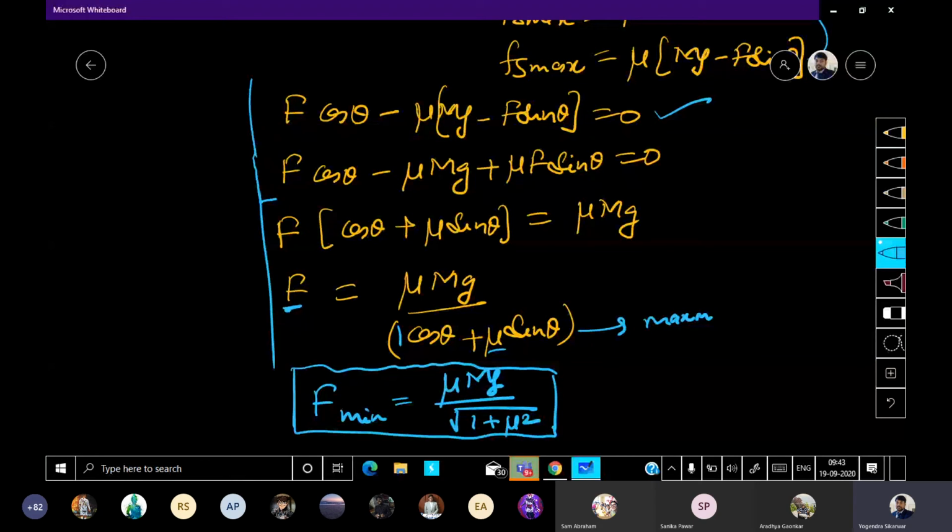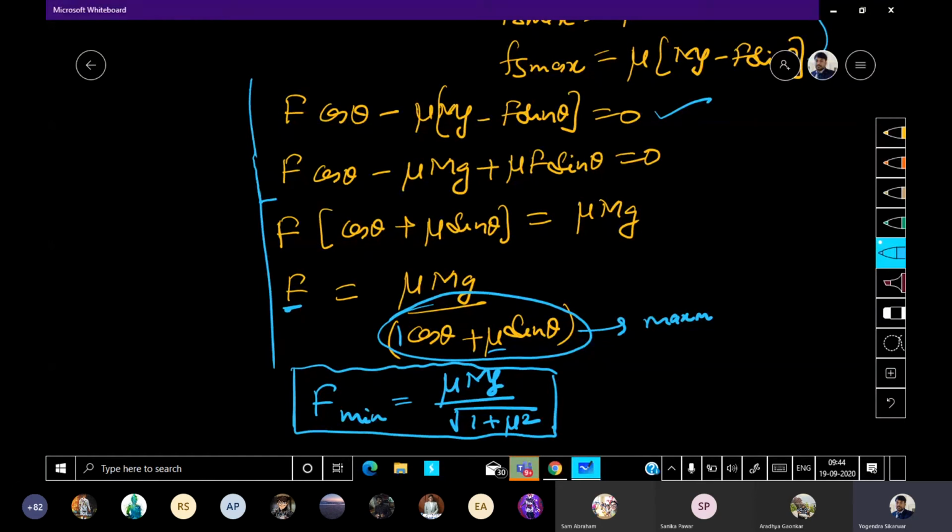Now if I want F to be minimum, then this denominator has to be maximum. The value of cos theta plus mu sin theta has a maximum value of under root of 1 plus mu square, and a minimum value of minus under root of 1 plus mu square.